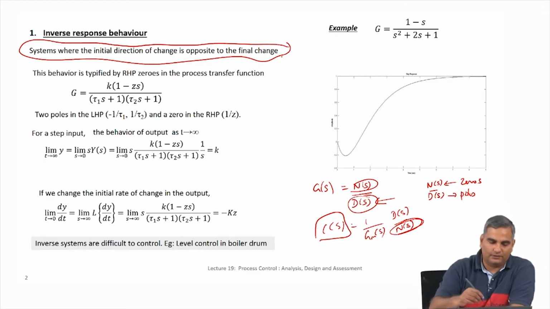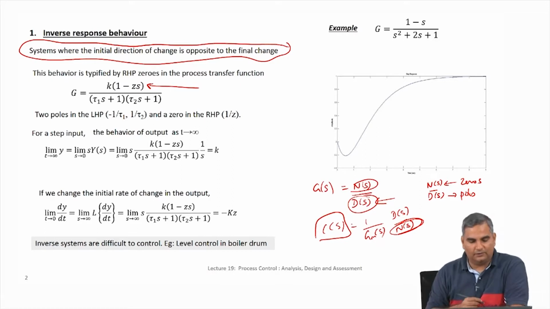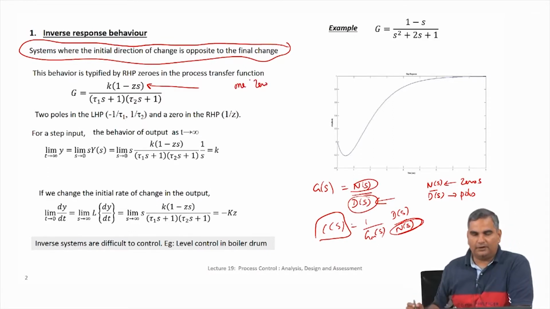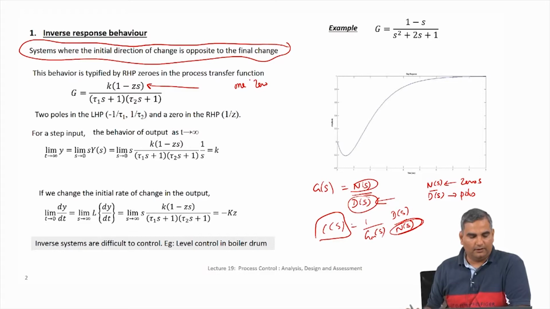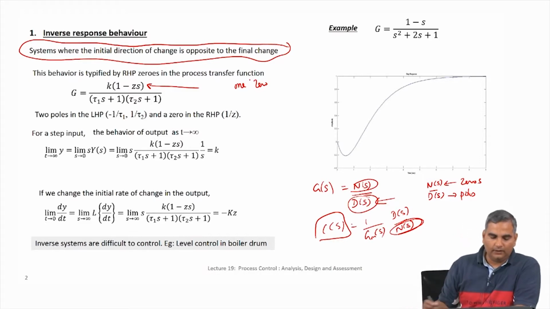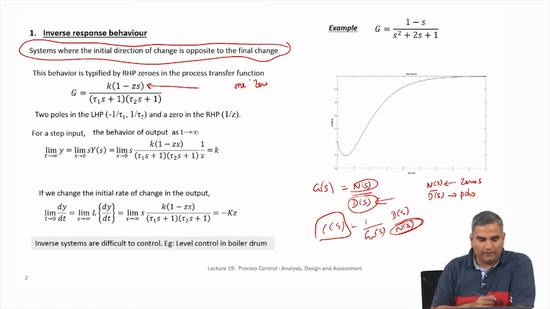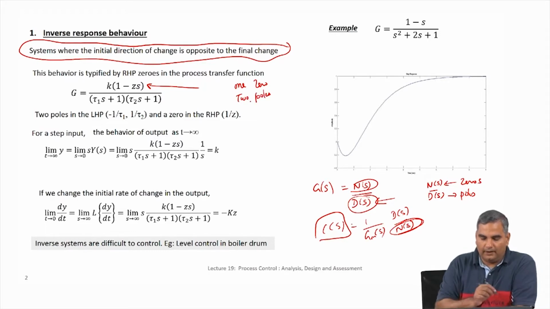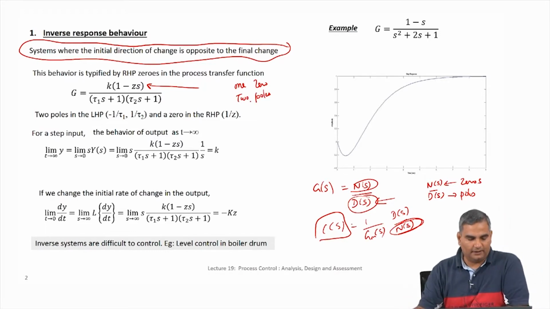When you focus on this numerator polynomial, you will see that this has 1 zero, because there is only one root, because the numerator polynomial is of order 1, and the denominator polynomial is of order 2. So, I have 2 poles. So, I have 1 zero and 2 poles in this transfer function.